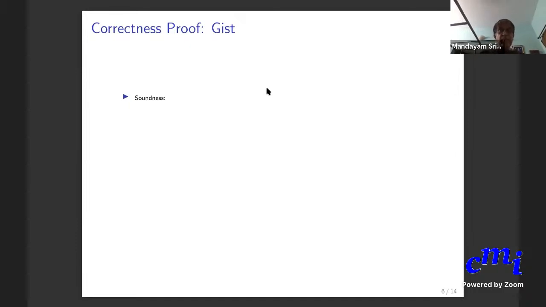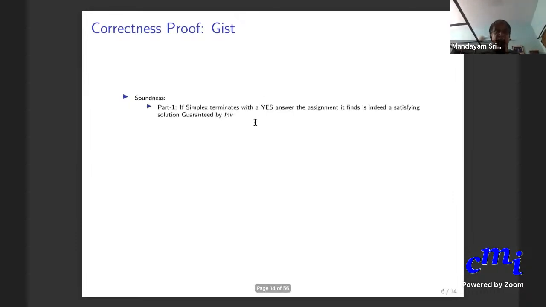The first part of correctness is soundness. What does that mean? Part one is that whenever simplex terminates with a yes answer, the assignment it finds is indeed a satisfying solution to the LP problem.